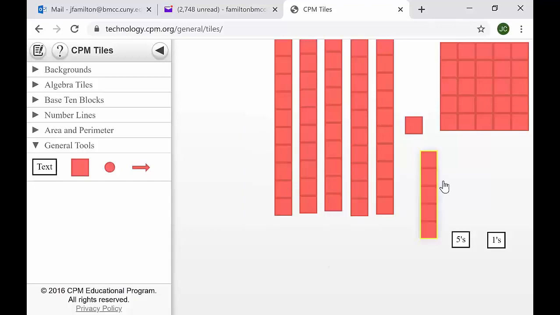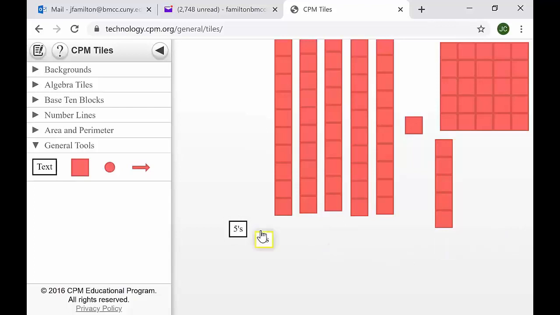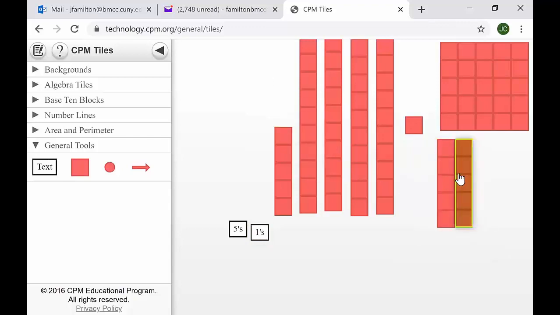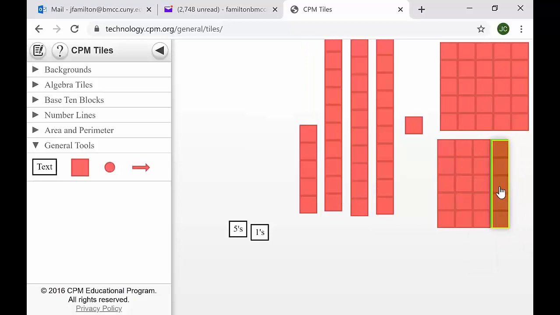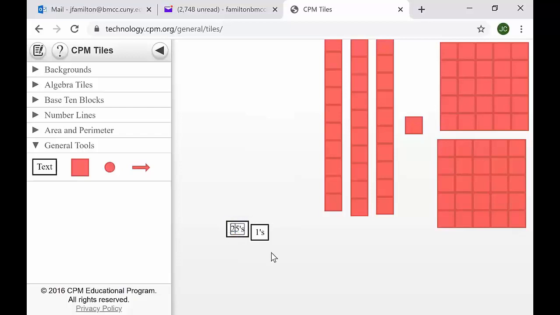I'll do another one. And so here I have 1, 2, 3, 4, 5. So this gives me another 25, or base 5 flat. So that'll be my 25s.